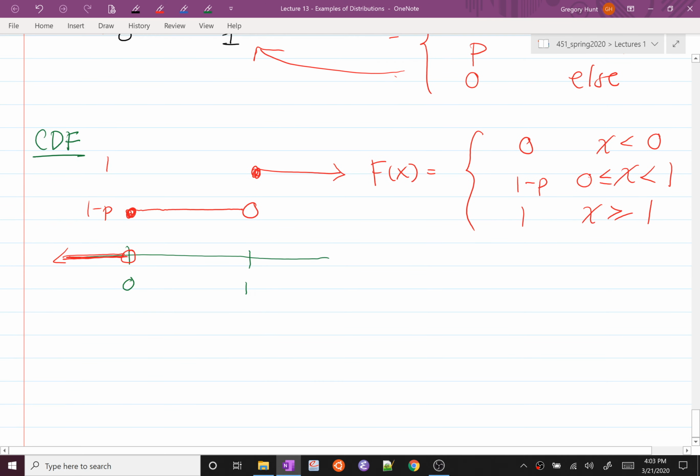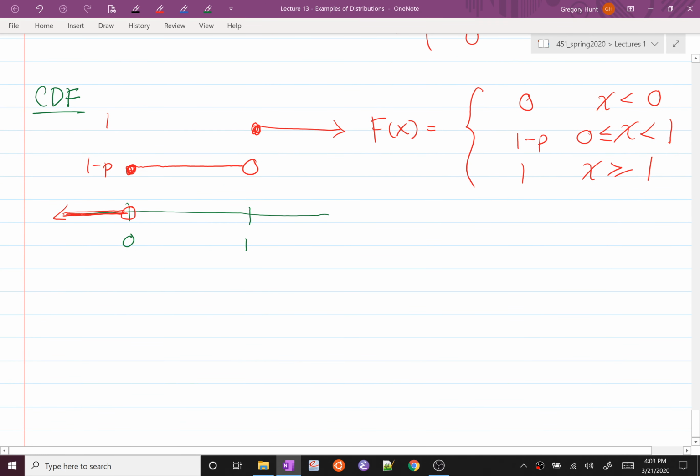This is one of the nicer random variables because everything is going to be real quick to derive here. So what else can we look at? We could look at the expected value.